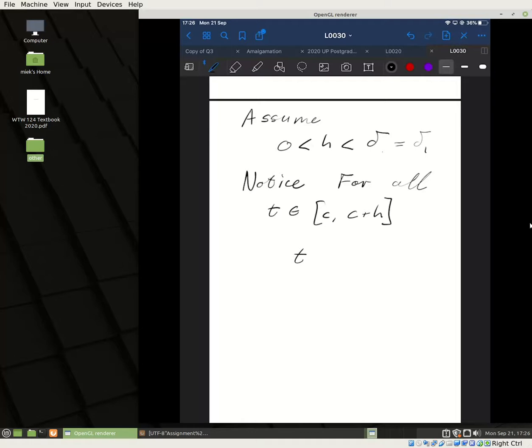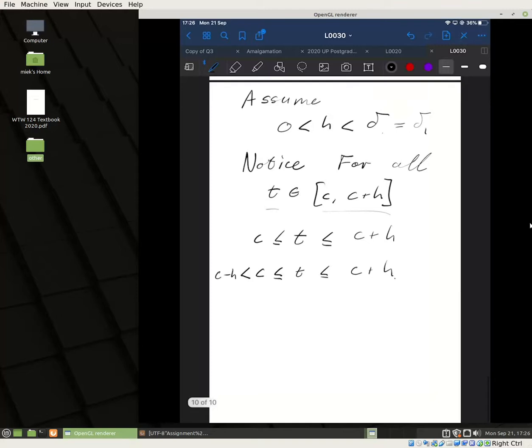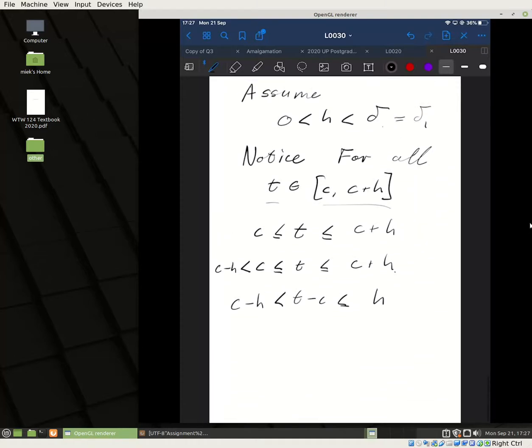We see that if t is in this closed interval, it is of course less than c+h, and it is greater than c, but c is greater than c minus h, and t is less than c+h. And if we subtract c, we see the following: t minus c is less than or equal to h, but h we have assumed to be less than delta.